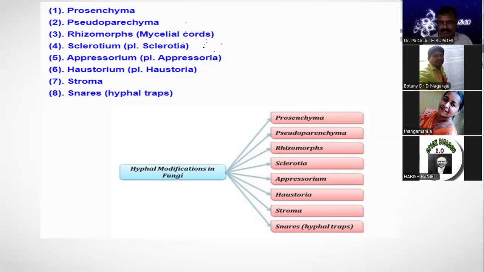Usually they ask the question from the first four only. Haustoria also, they ask many times. Haustoria are present in saprobic fungi, parasitic fungi, or symbiotic fungi? Parasitic fungi.